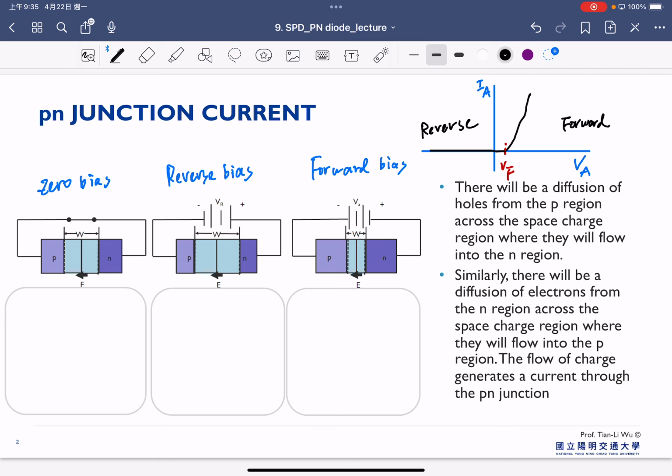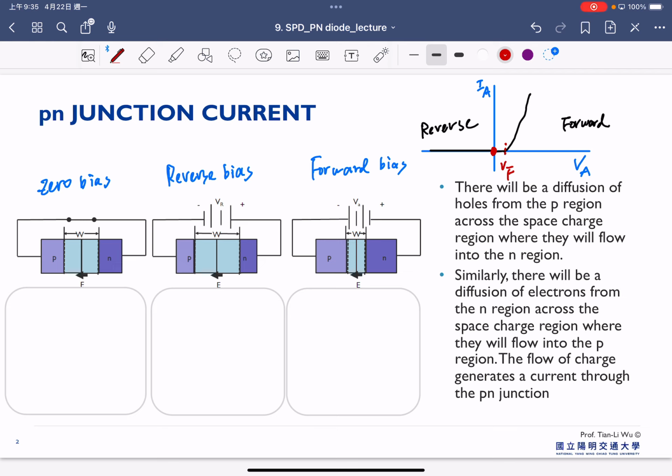So now we will try to understand why the electrical characteristic of the PN diode looks this way. First of all, we consider zero bias, and this is the point of zero bias.